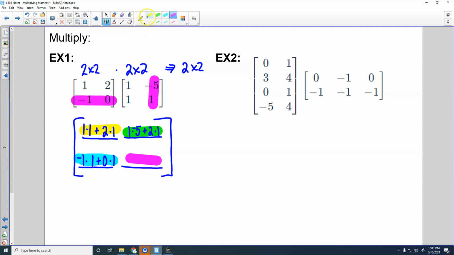That would give us this spot right here. And so that is going to be -1 times -5 plus 0 times 1. And so now you just have some arithmetic to do. You're going to get 3 in this spot. Got -5 plus 2. That'll give you a -3 in this spot. This will be a -1 and a 5 right there.